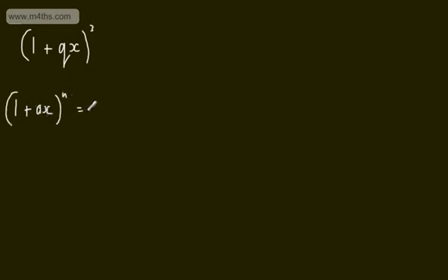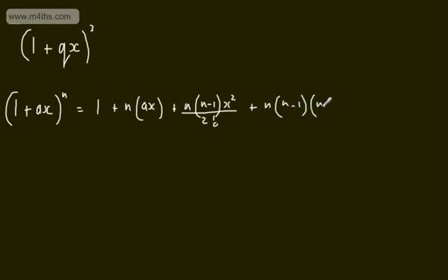If we do this, we're going to get 1 plus n multiplied by ax, plus n multiplied by (n minus 1) multiplied by x squared over 2 factorial. Then we'll get plus n, (n minus 1), (n minus 2), and then x cubed over 3 factorial.